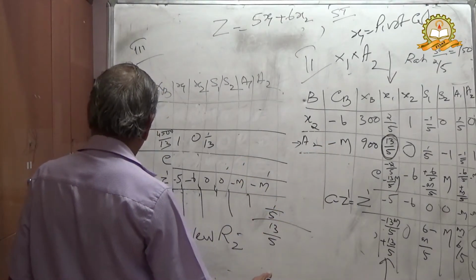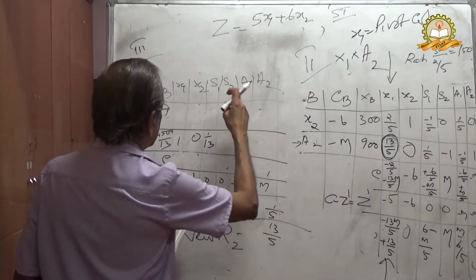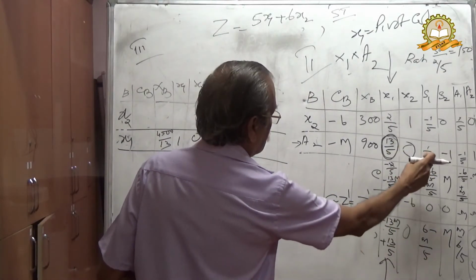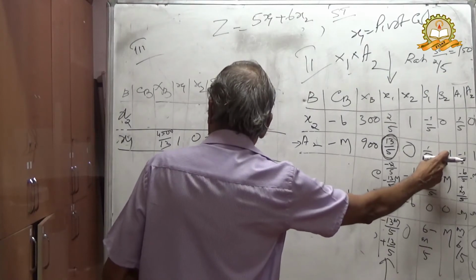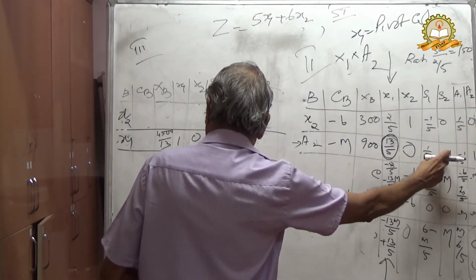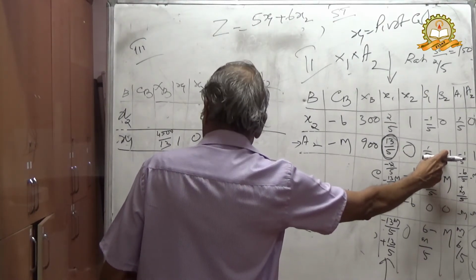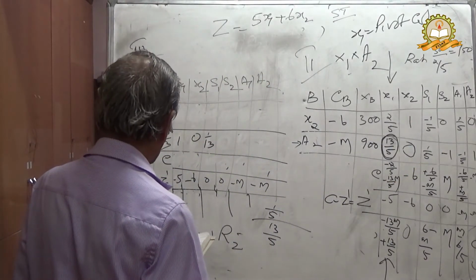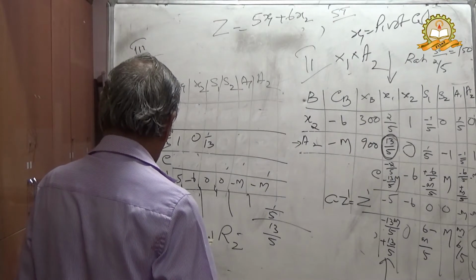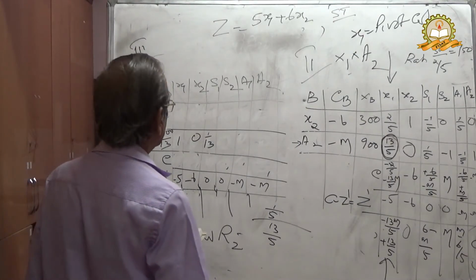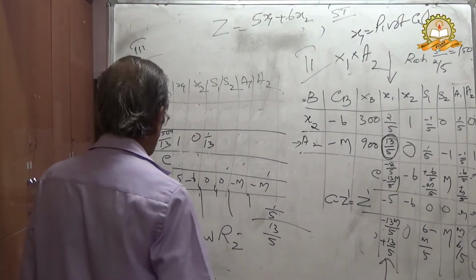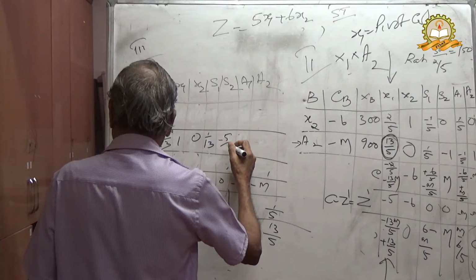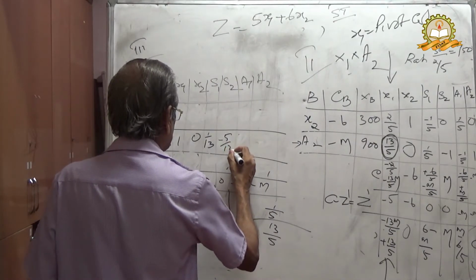Under S1 you have already written, under S2 you have negative 5 by 13.